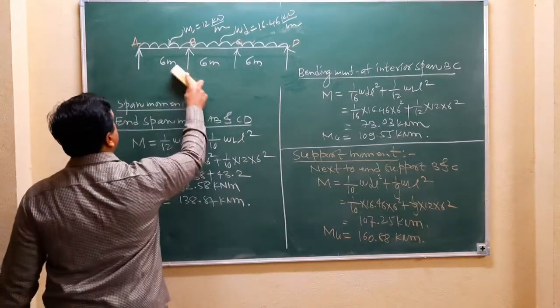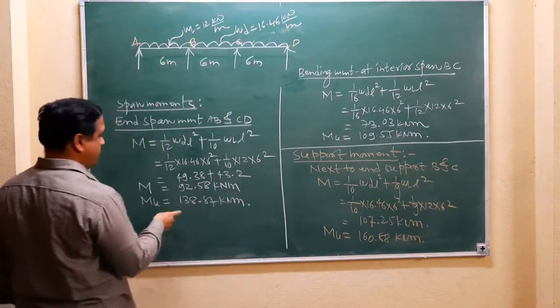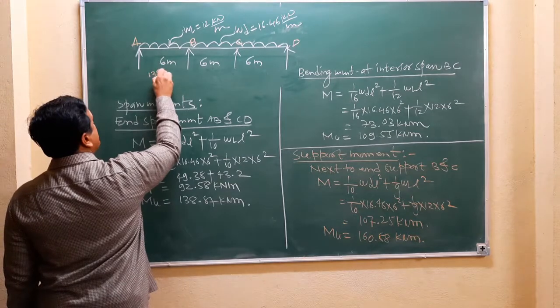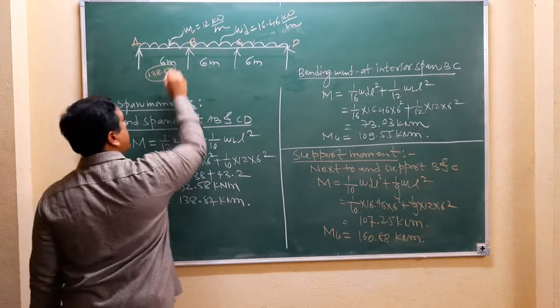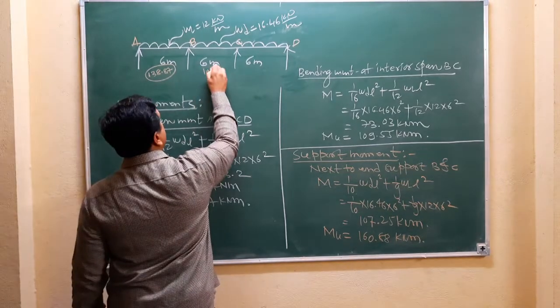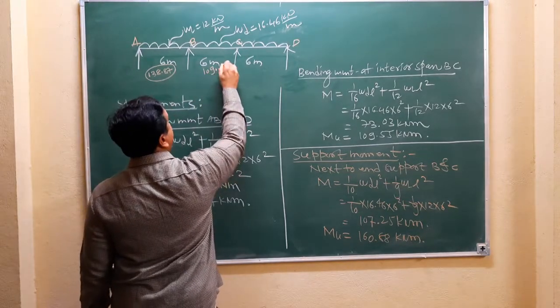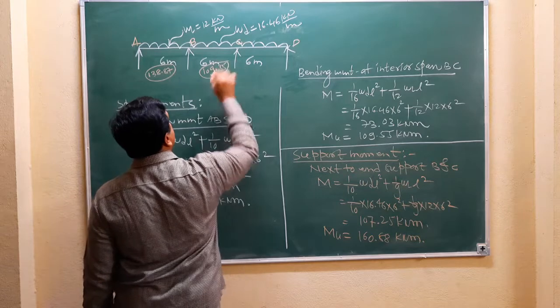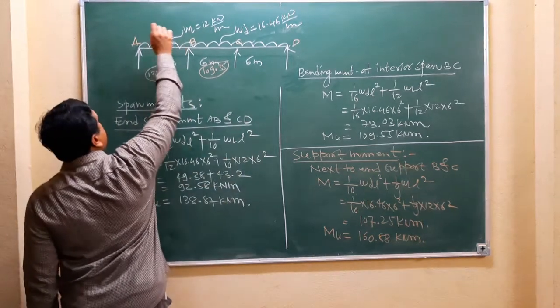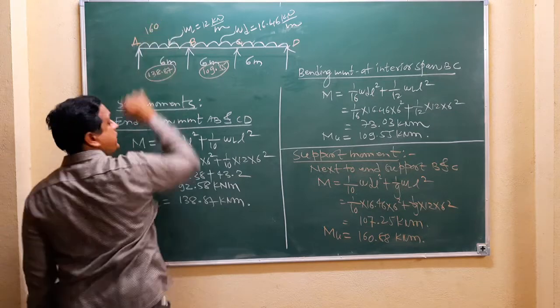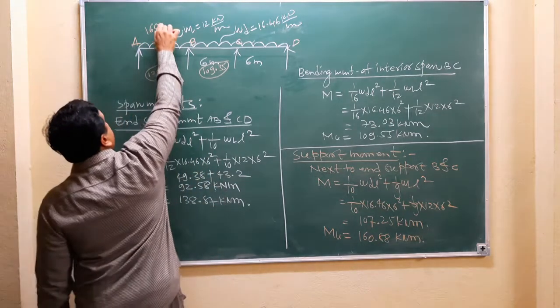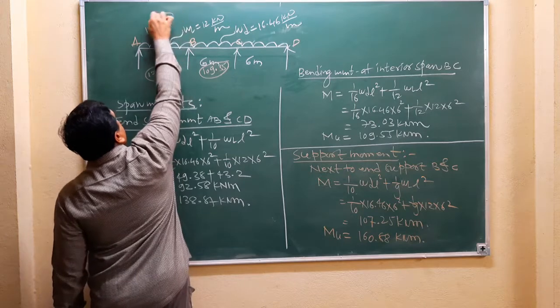The bending moment at end span is 138.87, at the intermediate span it is 109.55, and on the next to end support it is 160.88.